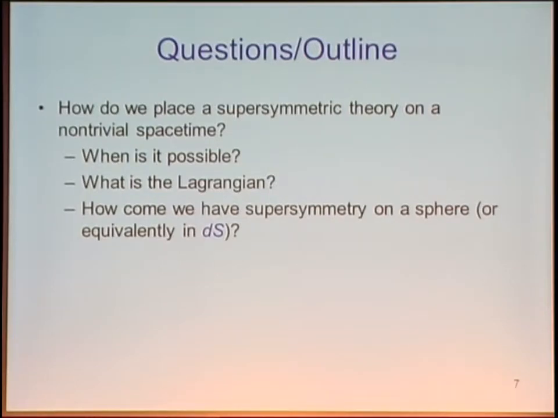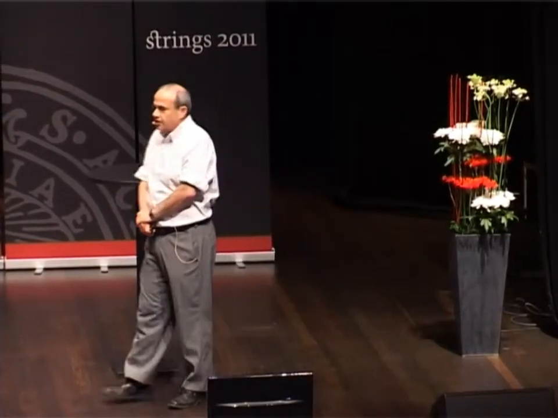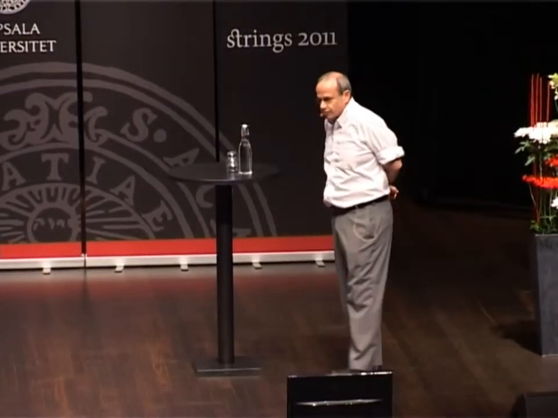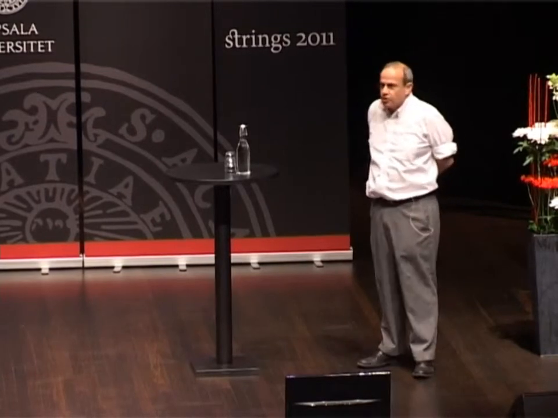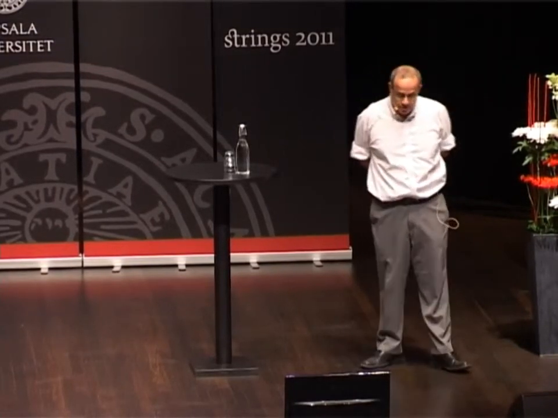Now, the reason I was puzzled is the following. We all know that we can place a supersymmetric theory in anti-de Sitter space. This is very common, and it's been very successful over the last, it's now 14 years or so. But we cannot put a supersymmetric theory in de Sitter space. Everybody knows that.